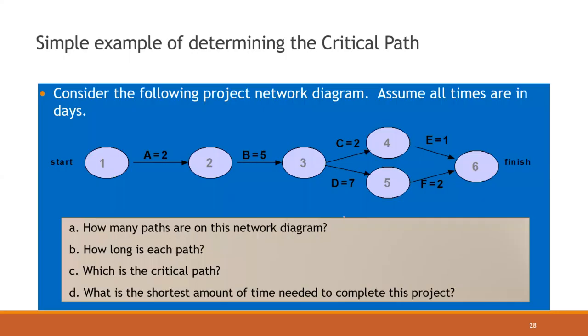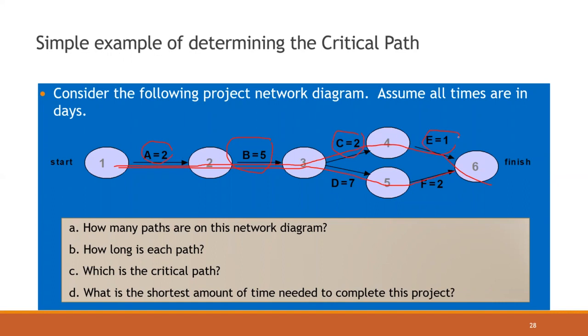See here, example number 1: start, 1, 2, 3. In this example, how many paths are there in the network? We can tell 2 paths. The first one is 1, 2, 3, 4, and 6, and the second is 1, 2, 3, 5, and 6. In the first path, A equals 2, B equals 5, C equals 2, E equals 1.